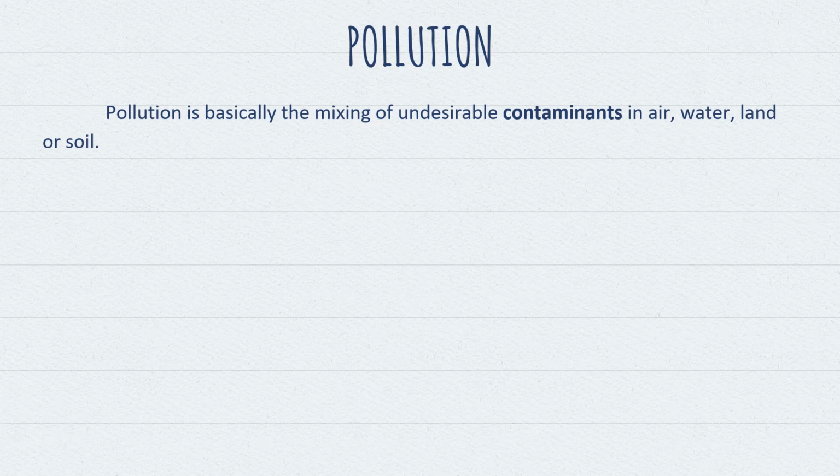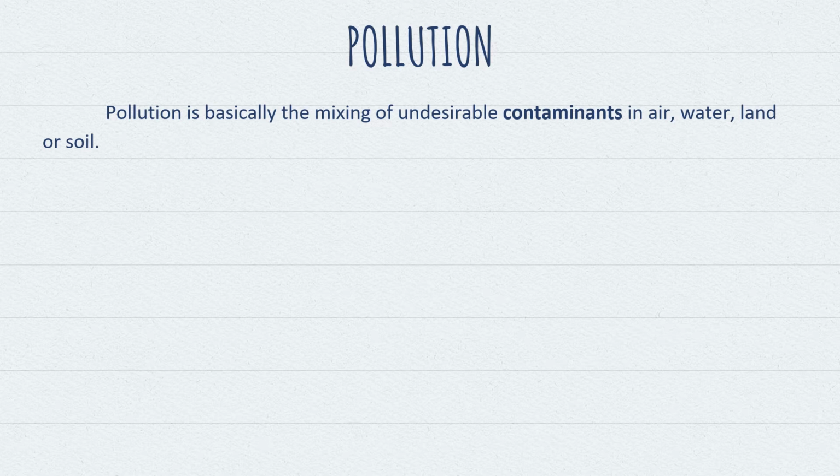Now, what do you understand by the word contaminants? Can anyone tell me the meaning of contaminants? You can write it down in the comment box below. Yes, contaminants means pollutants. So, pollution is basically the mixing of undesirable pollutants in water, in air, on land, or in the soil.